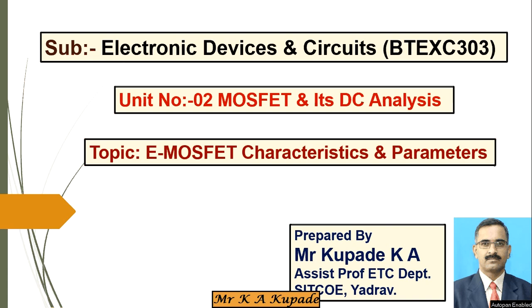In the previous lecture, we discussed the construction of the N-channel E-MOSFET. In that, we discussed how the enhanced N-channel MOSFET is constructed, and how the current, which is considered to flow from the drain to source, is controlled by using the gate voltage.